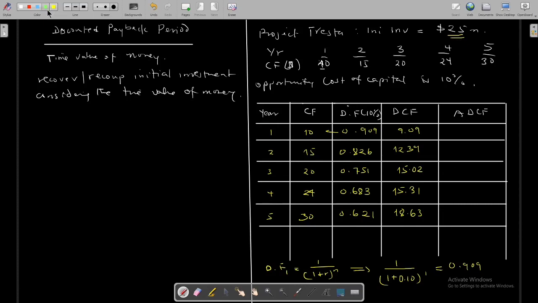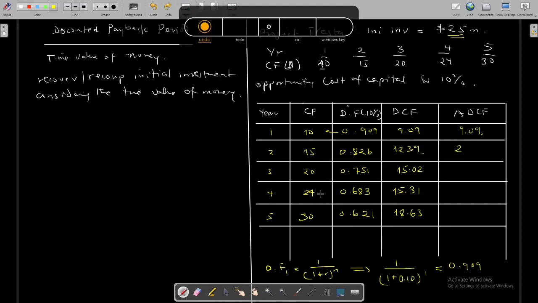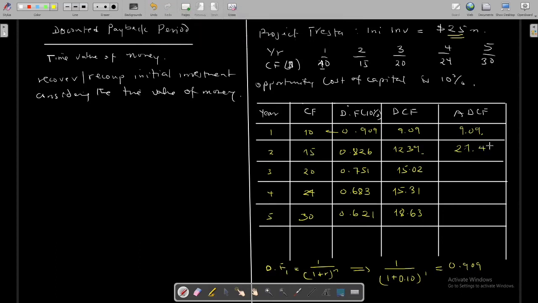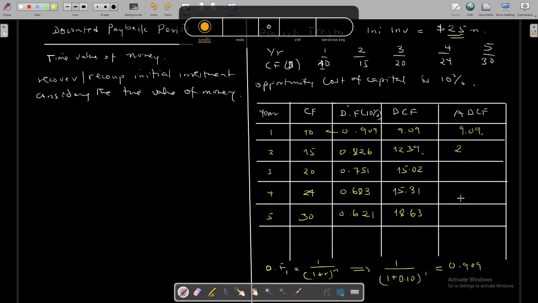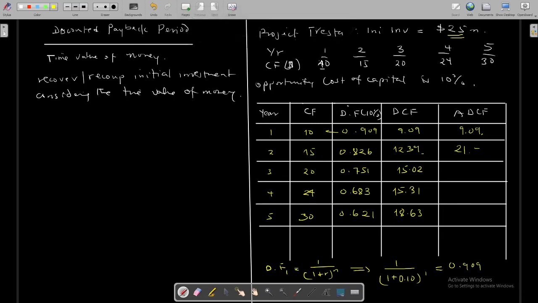So we accumulate the discounted cash flows, starting with 9.09, then we add to it 12.39, giving us 21.48.